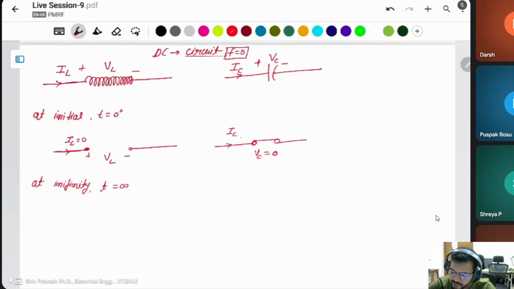That's why this circuit is behaving like that. At infinity, this inductor behaves like a short circuit, because in a DC circuit, frequency will be 0. ZL, we know, is omega L. Omega is 0. That's why impedance will be 0.